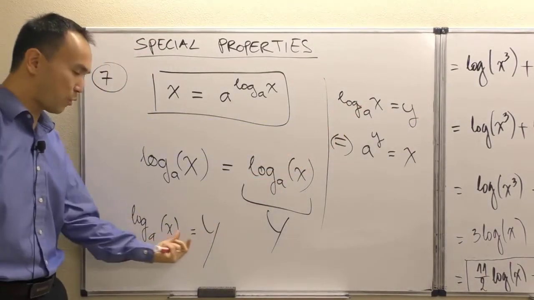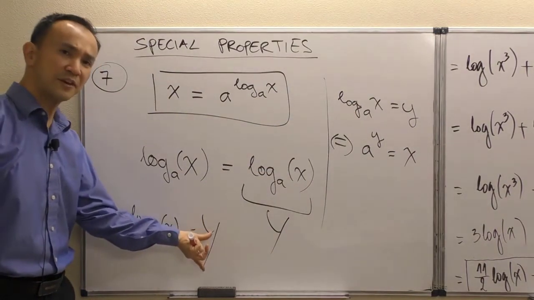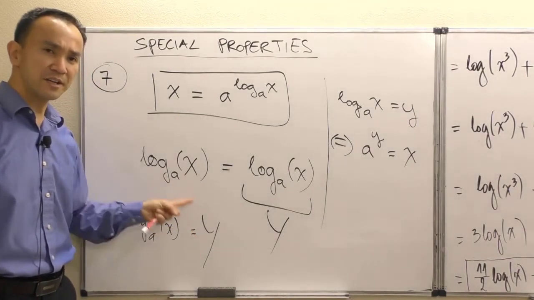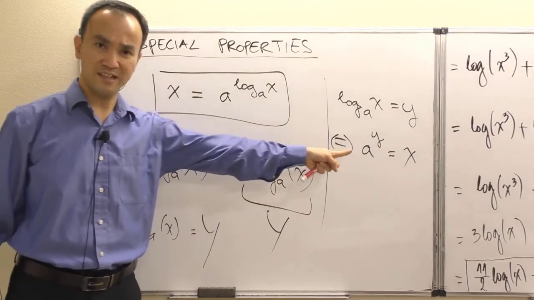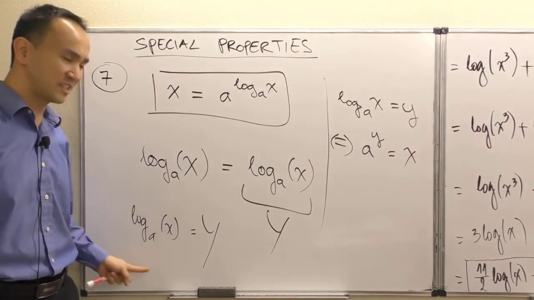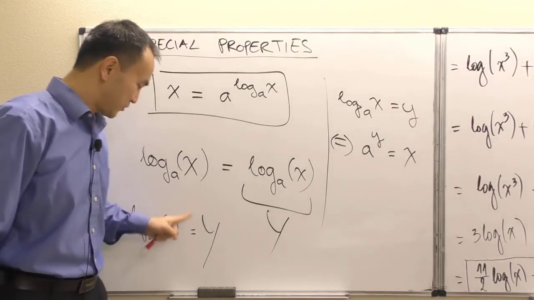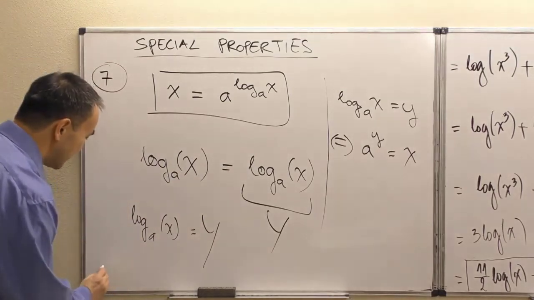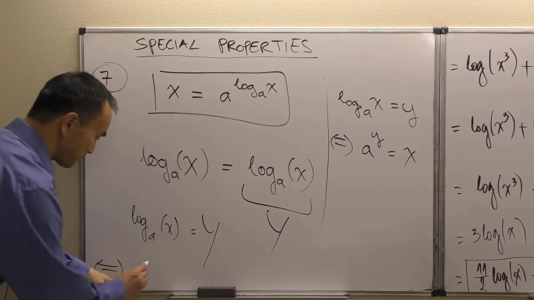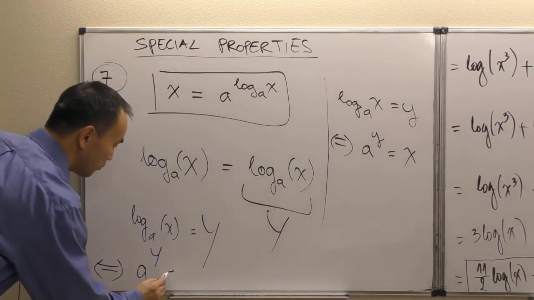This is an equation, log base a of x equal to some crazy variable y, but it's in logarithmic form. At this point, it's easier for anyone to turn this into the exponential form of the same equation. In exponential form, we're looking at base a raised to the power y, that crazy variable, to equal x.